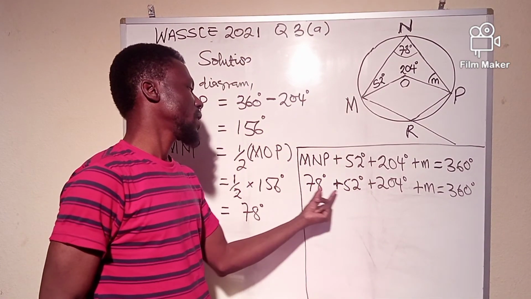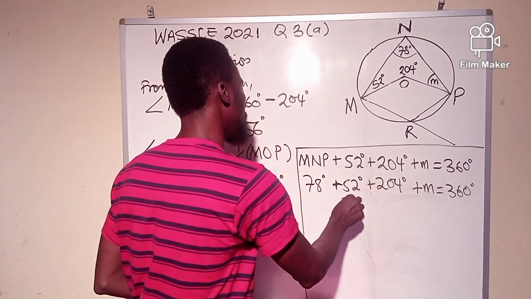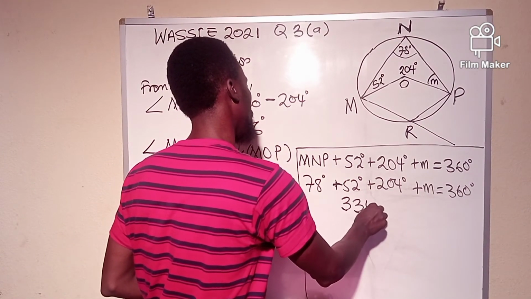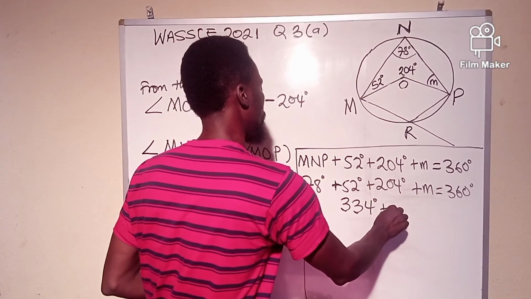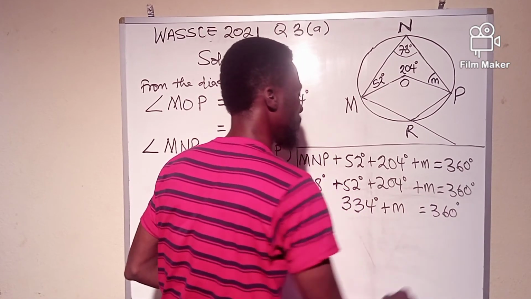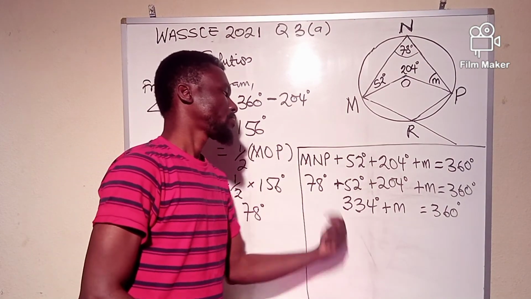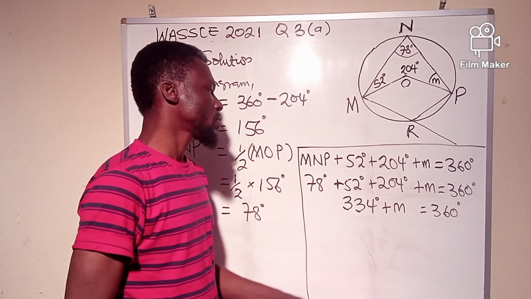So when we add 78 to 52 and add 204, that gives us 334 degrees. So 334 degrees plus M will be equal to 360 degrees. All right. Now what do we do here? Let's transpose.